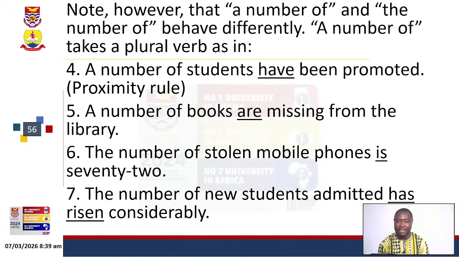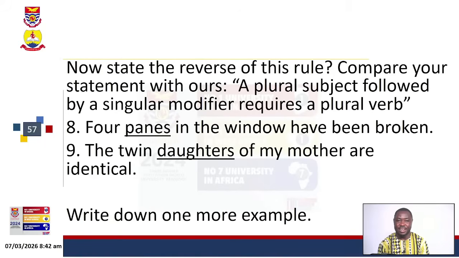Remember that the expression a number of takes plural verbs. The number of takes singular verbs. Now, state the reverse of this rule. Compare your statement with ours. A plural subject followed by a singular modifier requires a plural verb.